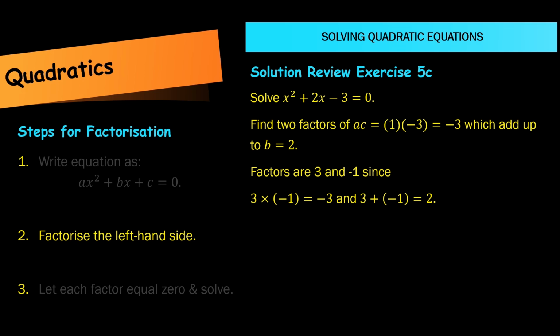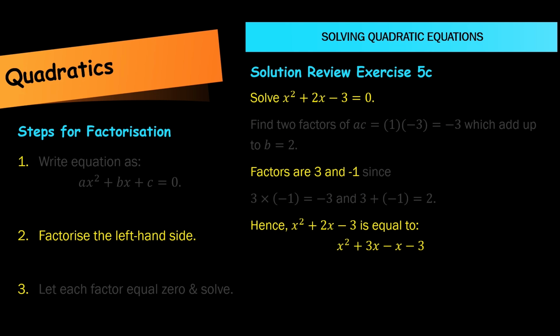Since 3 times minus 1 equals minus 3, and 3 plus minus 1 equals 2. And therefore we can rewrite x squared plus 2x minus 3 as x squared plus 3x minus x minus 3, as shown.